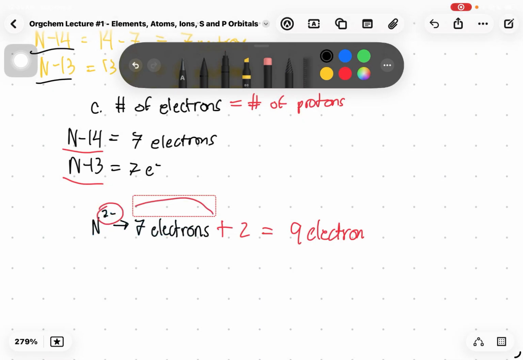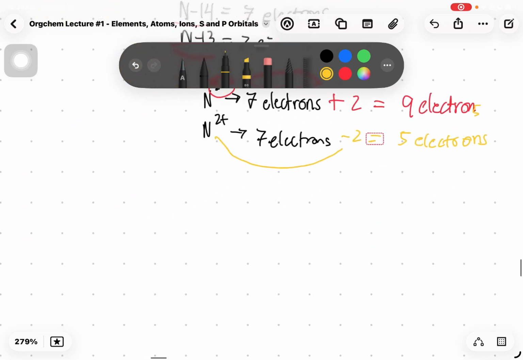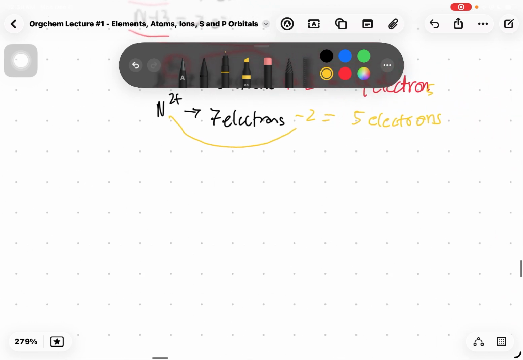And if we were to have N2 plus here, that's us taking away 2 electrons. So minus 2, that would be 5 electrons. And lastly, wait, no, there's 2 more numbers. Sorry, my bad.